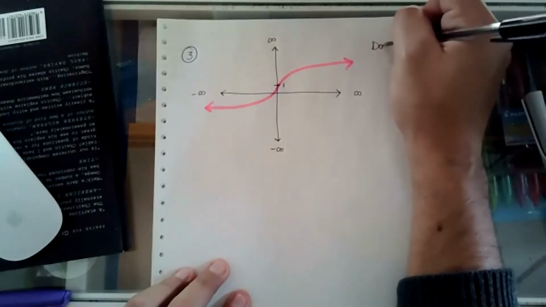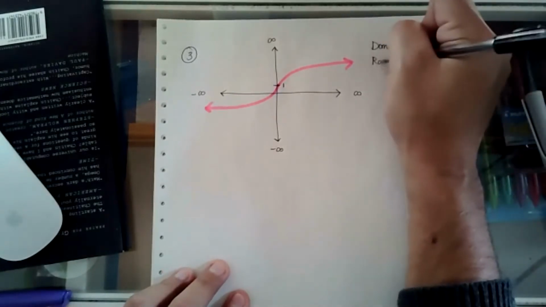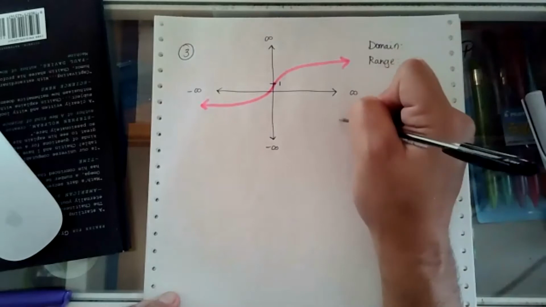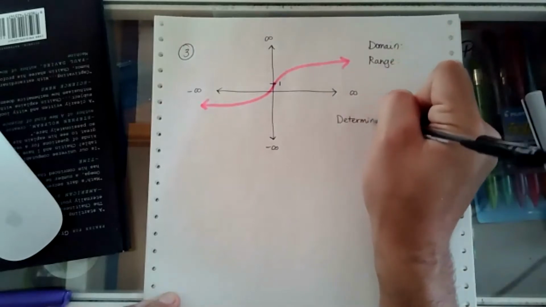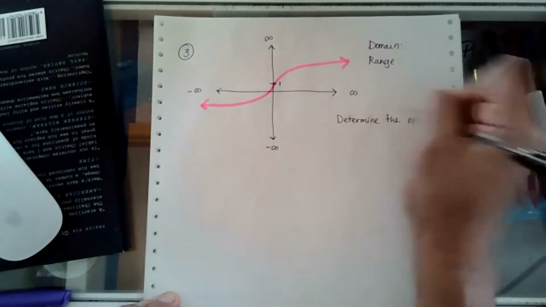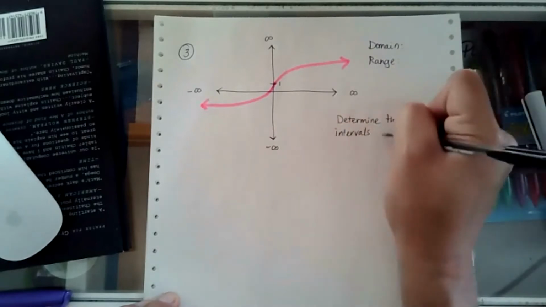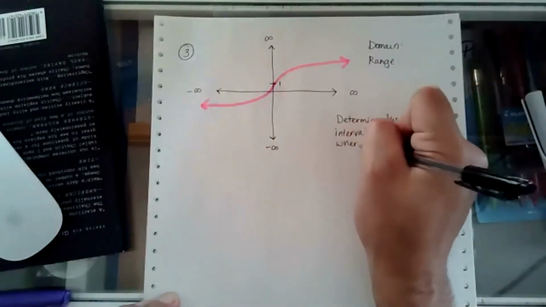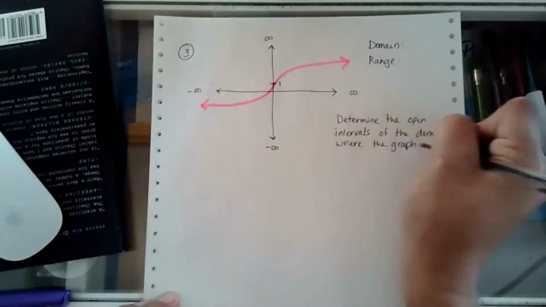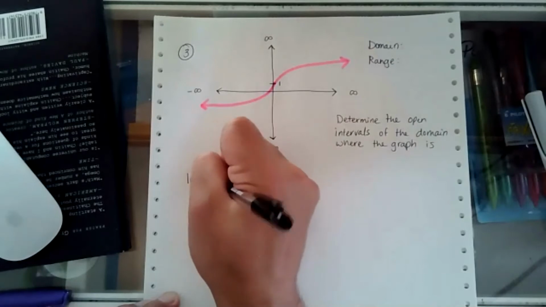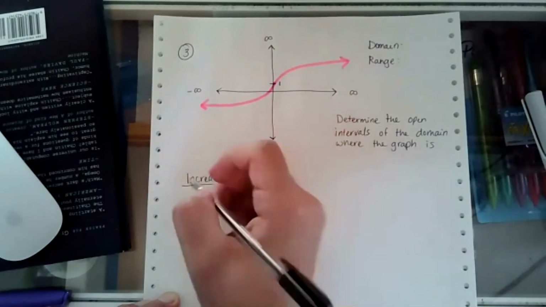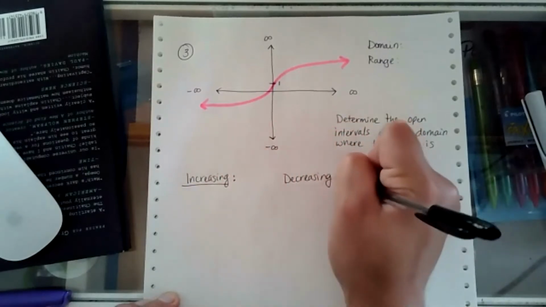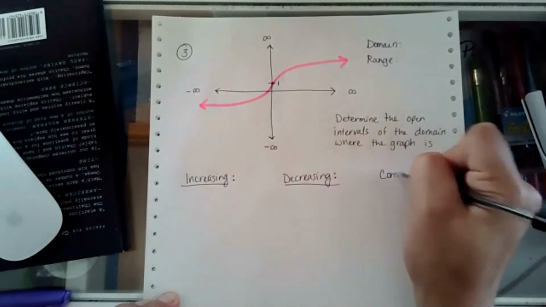So we're just going to go through the same analysis. We want to find the domain, we want to find the range, just so we get used to doing that. And then we want to determine the open intervals of the domain where the graph is increasing, decreasing, or constant.